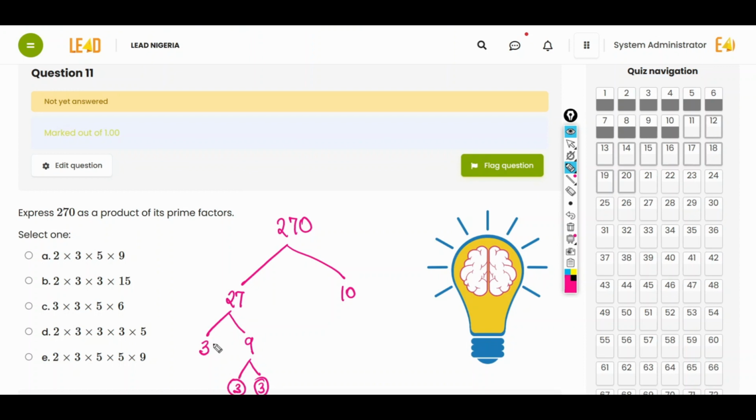These are all prime numbers. I can split up 10 into 2 times 5. So the answer is going to be 2 times 3 times 3 times 3 times 5. That's option D.